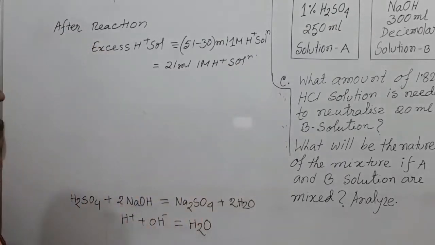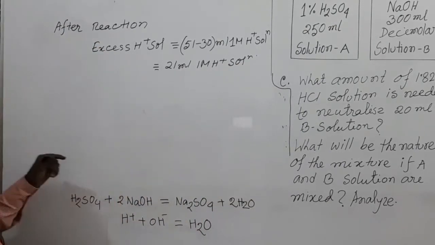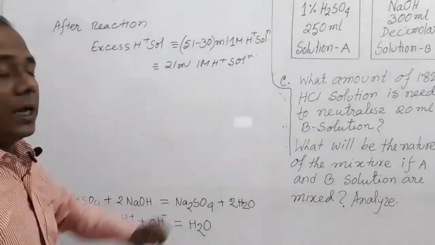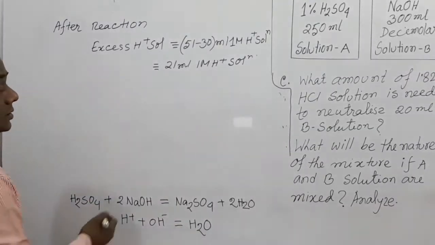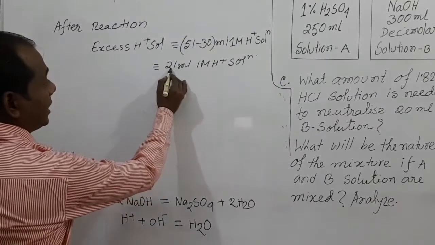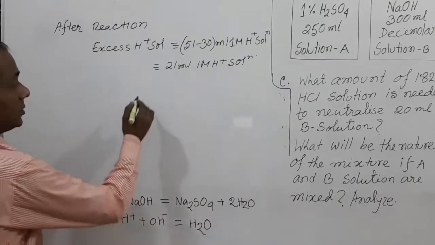And to convert this H plus solution again into sulfuric acid solution, we have to divide this 21 by 2.